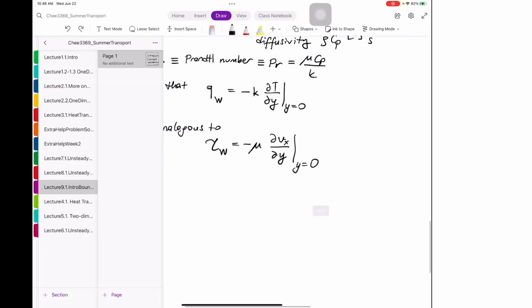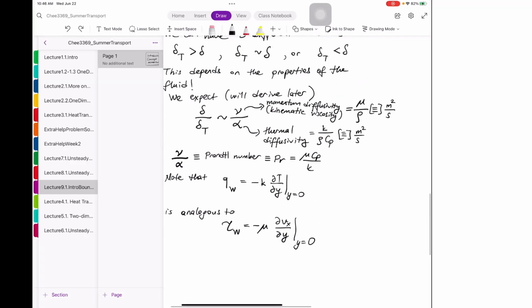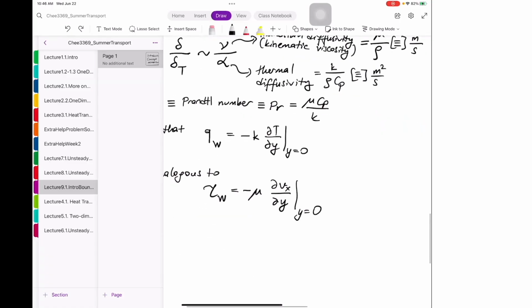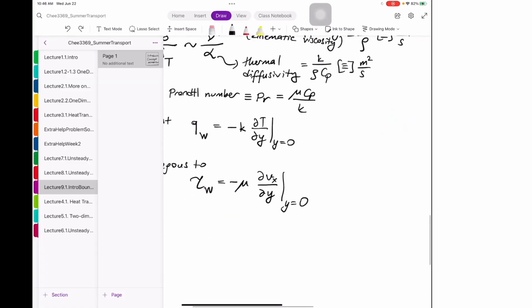One thing which is important is the following. When we talk about the diffusivity, either thermal or momentum, you can modify this formula into a form that you get diffusivities instead of the conductivities. So for example, instead of k, you can get the alpha by dividing by rho Cp, right?